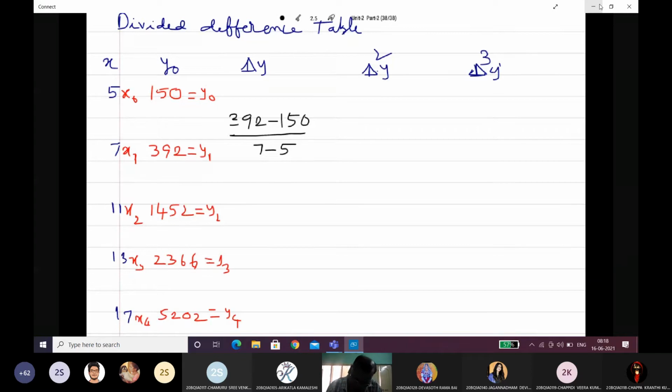Now coming to the second one: y2 minus y1 by x2 minus x1, that is 1452 minus 392 divided by 11 minus 7.